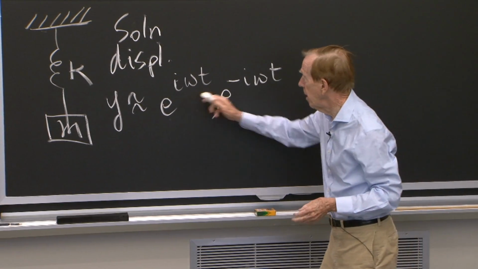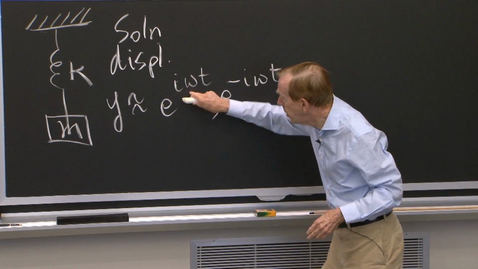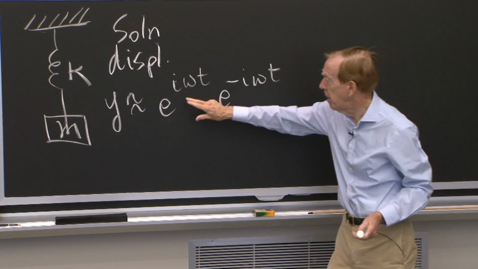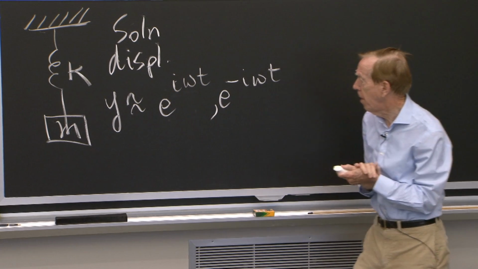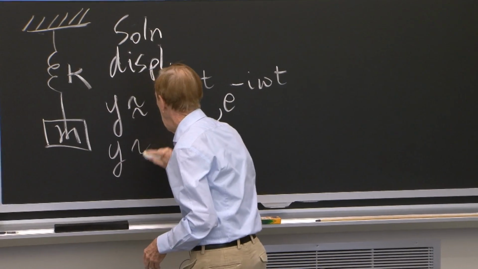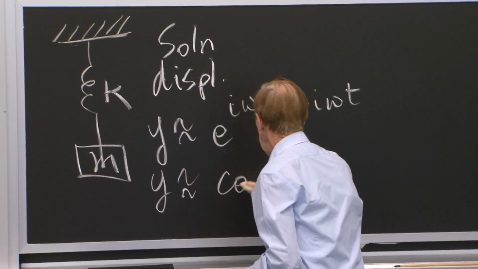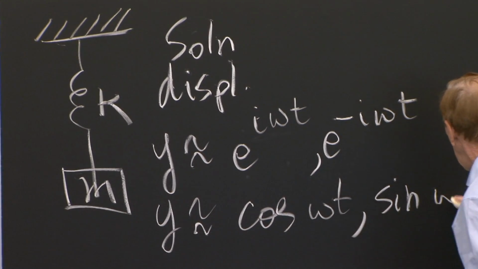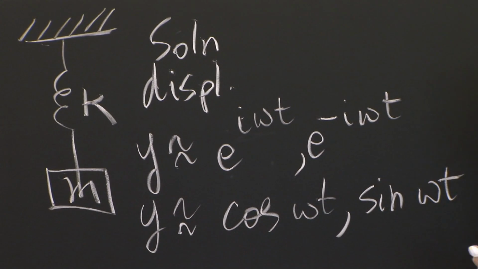That's really what it is when it's a pure imaginary number, I would call that a pure imaginary number. There's no real part at all. Then equally, cos omega t and sine omega t. So I can now, if I want, go real.